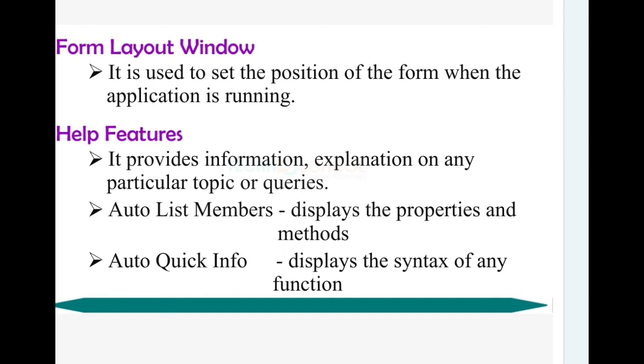Once you just use the mouse, the proper syntax will be given at the bottom side of the name. So it is a very great feature. Using this feature, without knowing any syntax of the program statements, we can write the coding part in Visual Basic. So these are the help features available in VB software.